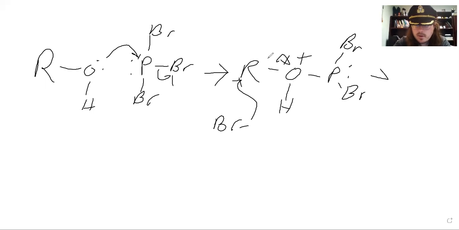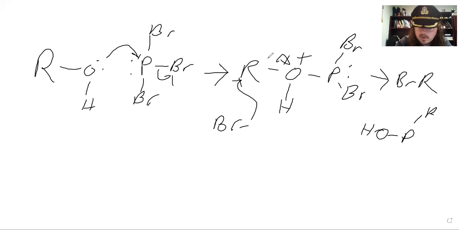And so now we have our RBr, and we have, of course, HO, P, Br, Br. This can keep doing this so long as it has bromines left. Once we've replaced all the bromines, obviously it goes away.